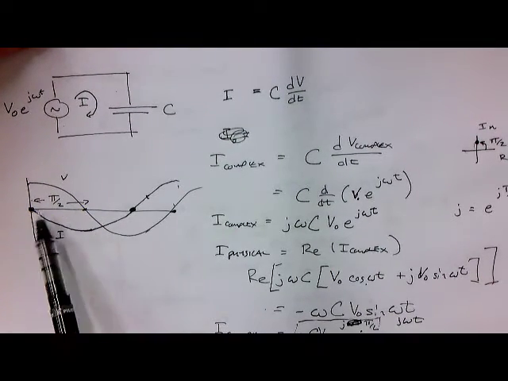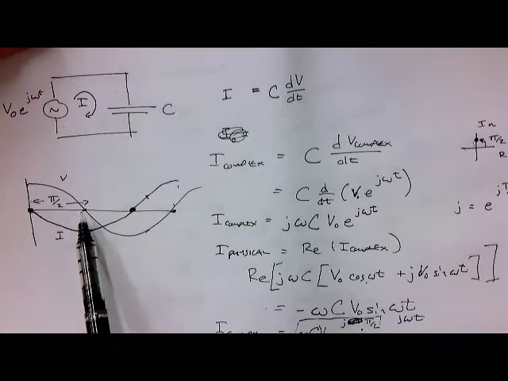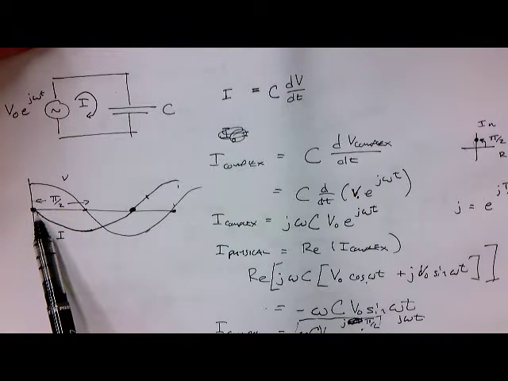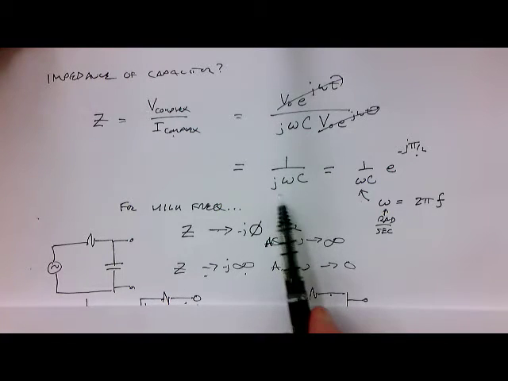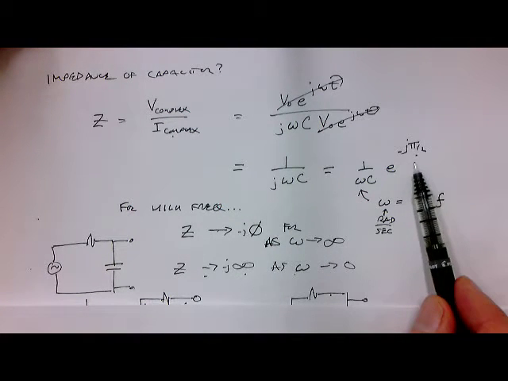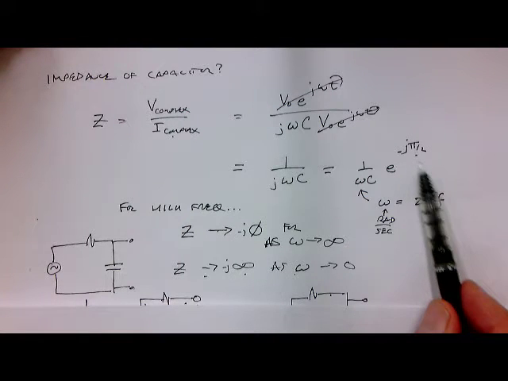In particular, in the case of a capacitor, the voltage lags the current by pi over 2. And that's why you have this 1 over j here. This 1 over j is equivalent to e to the minus j pi over 2, which says the voltage lags the current by a phase of pi over 2. Okay? So those are the fundamental ideas.